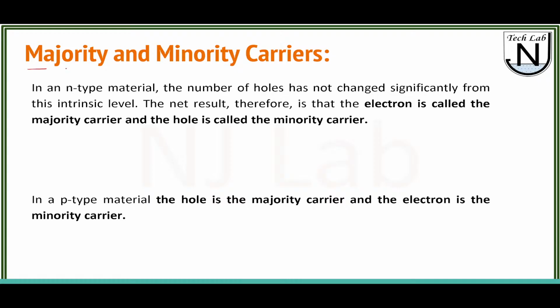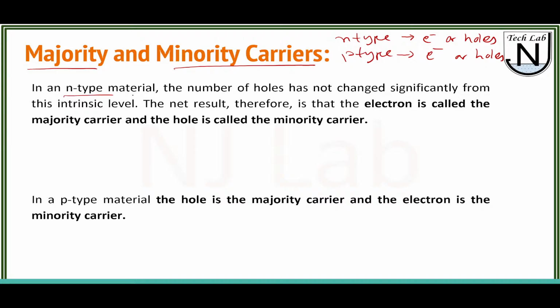Now let's look at the majority and the minority carrier. Why? Because if we look at the n type material or the p type material, in both it may have electrons or it may have holes. So both can be there.